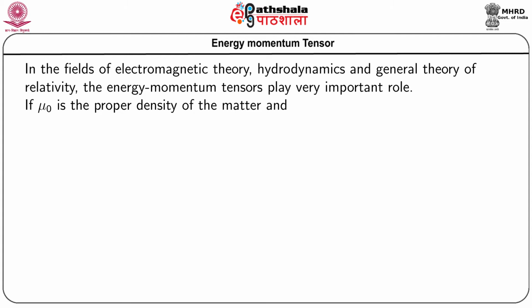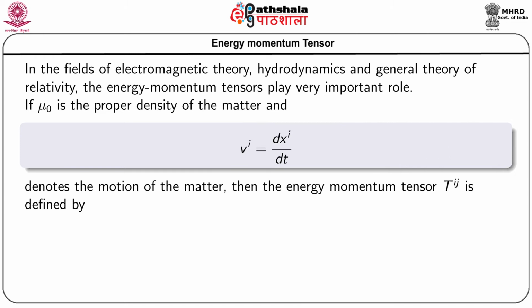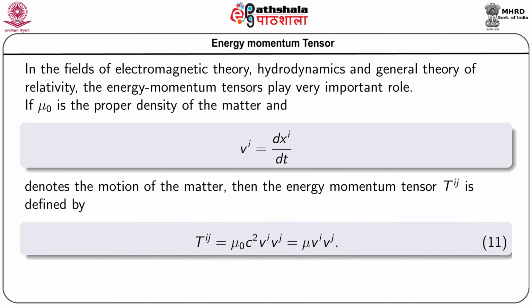Now, if mu_0 is the proper density of the matter and V^i is the velocity vector, that is dx^i/dt, then the energy momentum tensor T^ij is defined by T^ij equals mu_0 c square V^i V^j, and mu_0 c square is expressed as mu. So, T^ij can be expressed in the form mu V^i V^j. The c is the velocity of light.